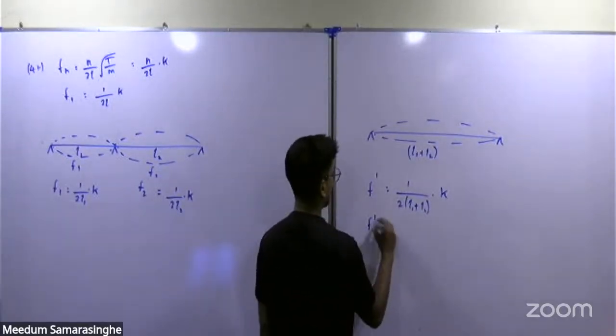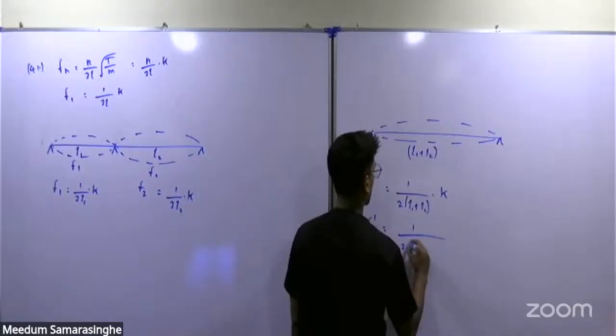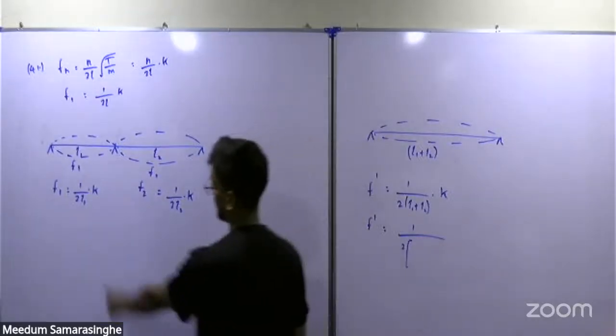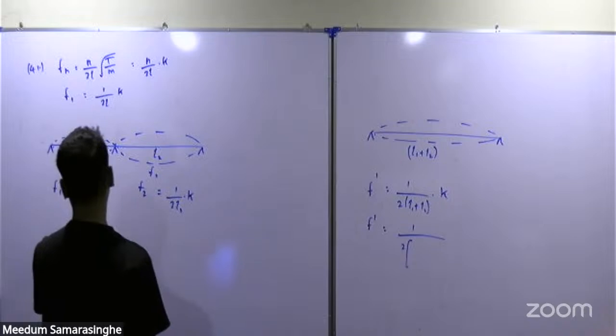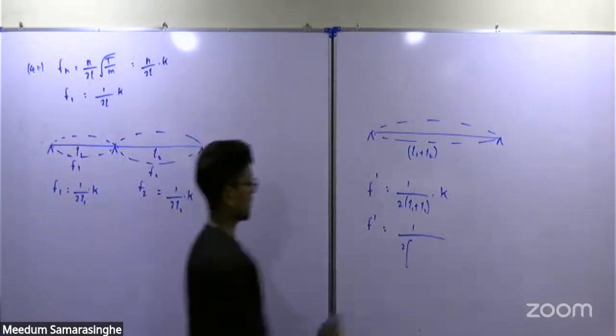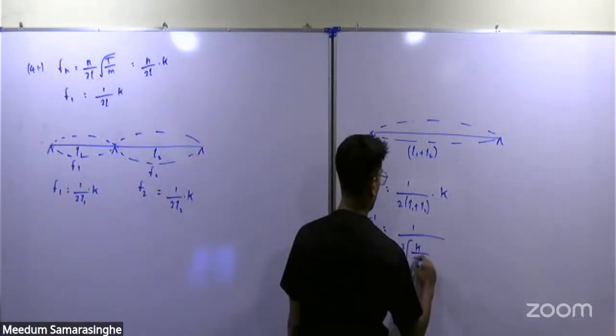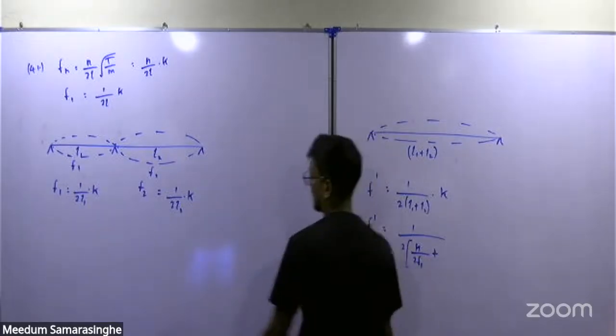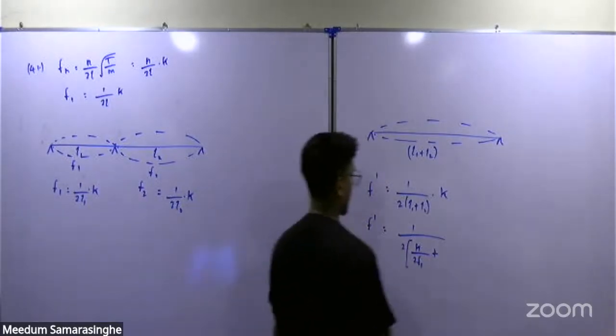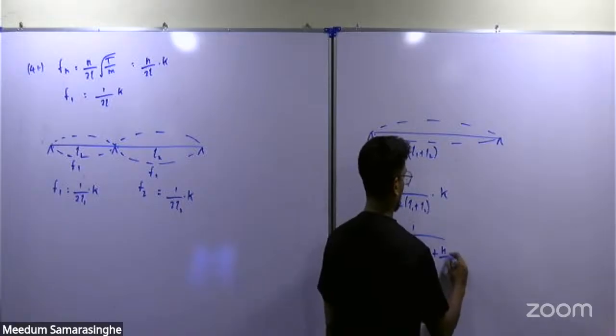Now F dash is equal to 1 over 2 times L1 plus L2 times K. From the earlier results, L1 is K over 2F1 and L2 is K over 2F2, all times K.